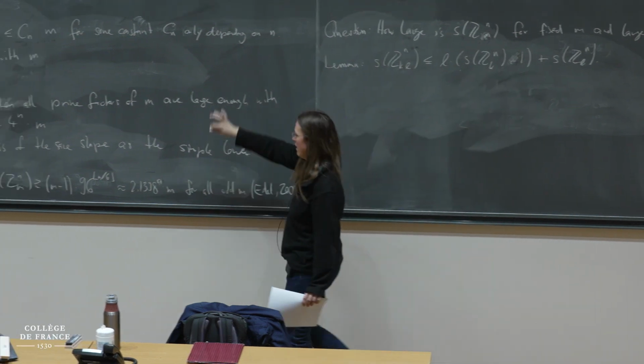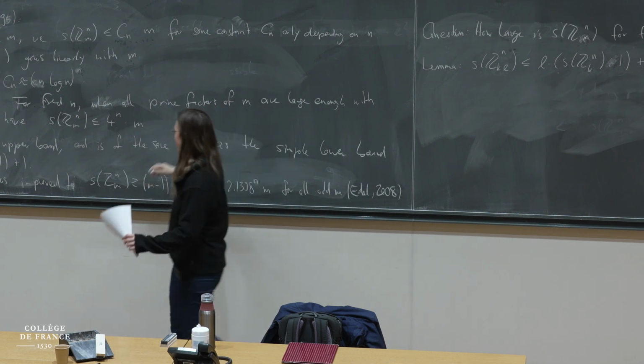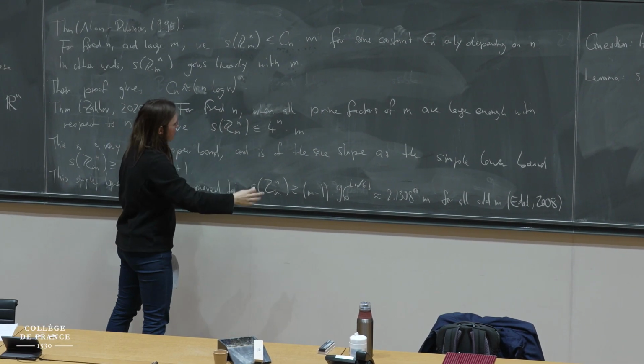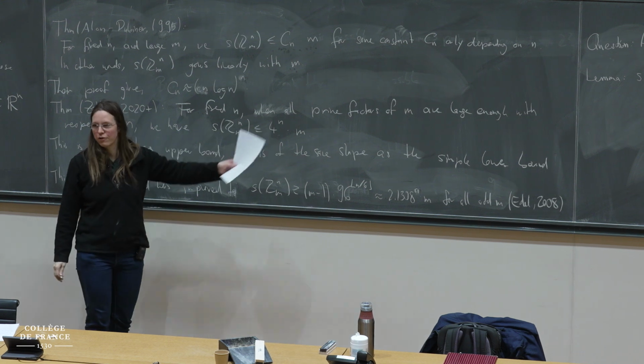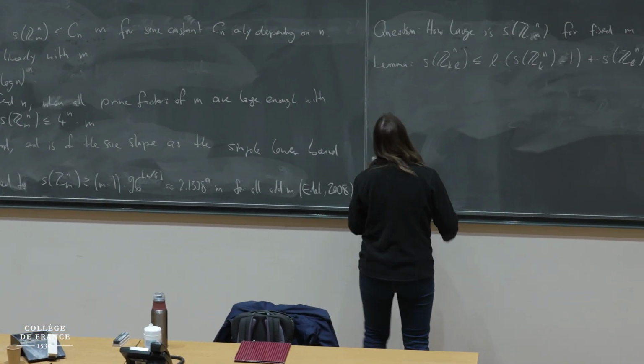In his main result, for fixed N and a large prime, you get that bound, and then you get it for free for M with large prime factors. Okay, so let's prove that lemma.